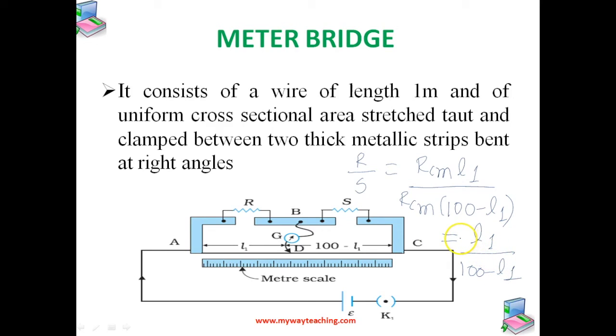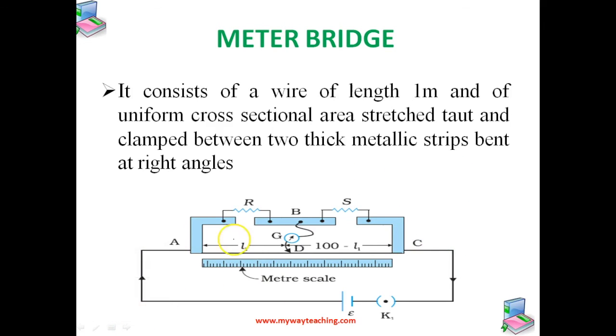Once we have found L1, the unknown resistance R is known in terms of the standard known resistance S. So we can write R is equal to S L1 by (100 minus L1). By choosing various values of S, we would get various values of L1 and calculate R each time.